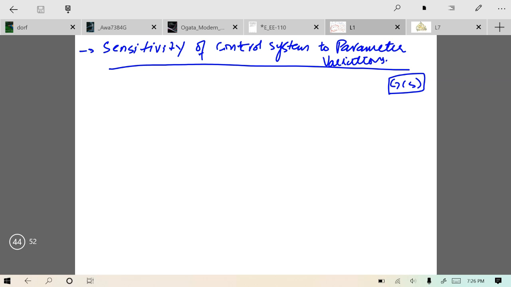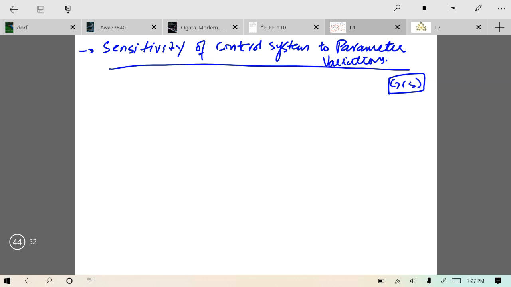Sensitive systems are obviously discouraged. The feedback loop basically reduces the sensitivity of the system, the dependence on change in G of s.